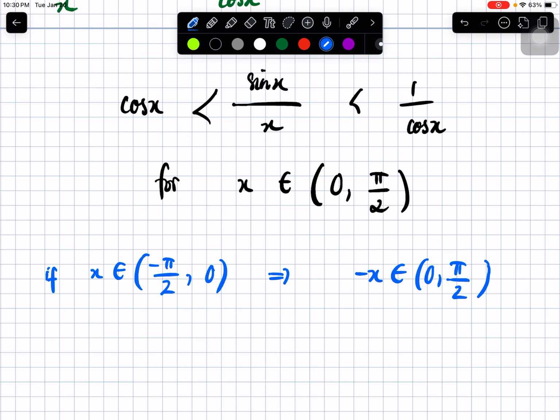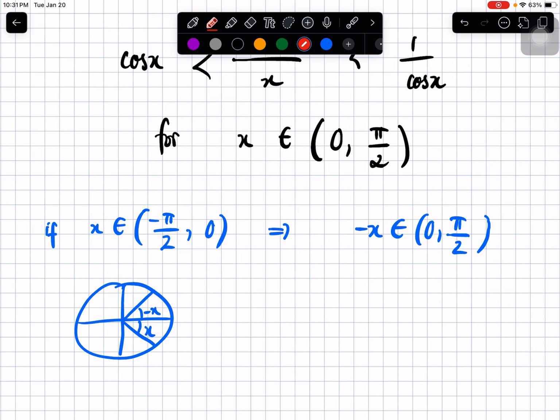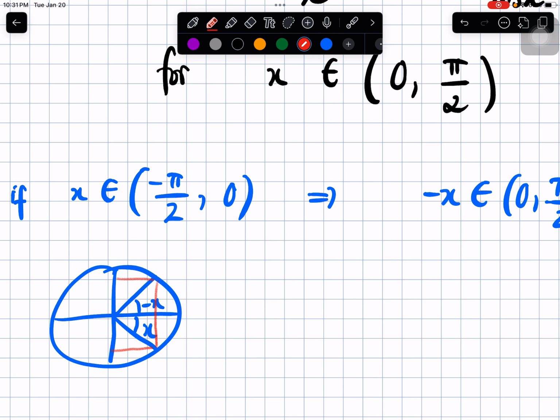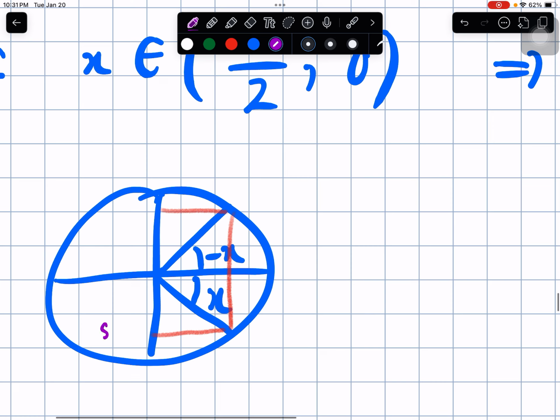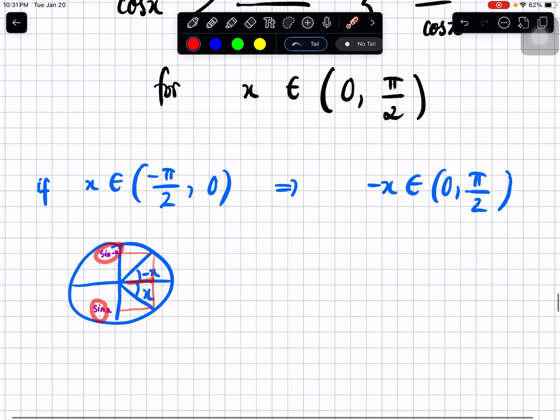So we look at this unit circle. We are here at x, and minus x is here. This is sine of x, this is sine of minus x. The sine of minus x is minus sine of x. Cosine of minus x equals cosine of x. So just remember this.